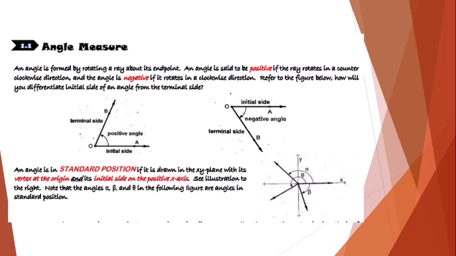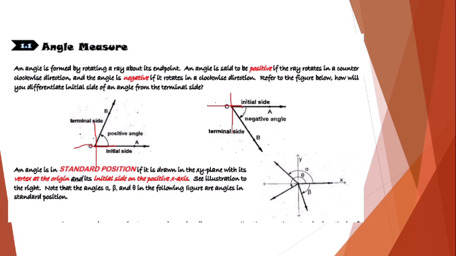You will understand it better if it is placed on a Cartesian plane. Yes, we will use the Cartesian plane. An angle is in standard position if it is drawn on the XY plane or Cartesian plane with its vertex at the origin, or point (0, 0), and its initial side on the positive x-axis.